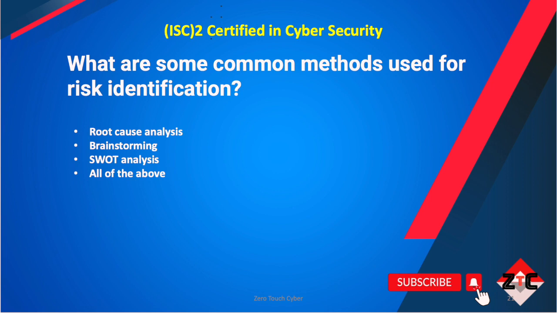SWOT stands for strengths, weaknesses, opportunities, and threats. These methods can be used to identify and understand the risks facing an organization and to determine the likelihood and potential impact of those risks. So the correct answer here is all of the above.